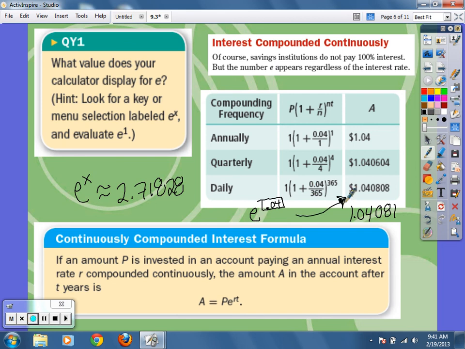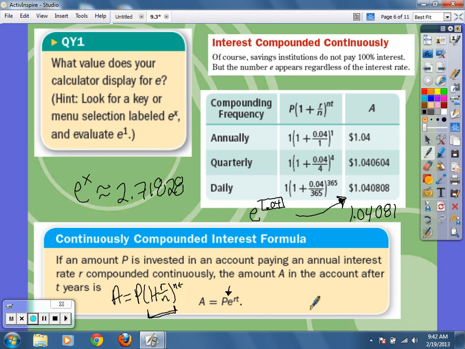So basically the formula that we are used to, A equals P times 1 plus r over n to the nt, will change a little bit when you're compounding continuously. You could type in a massively large number here, but to get more of an exact number, we are going to take out this 1 plus r over n, and we're going to change that to the number e.